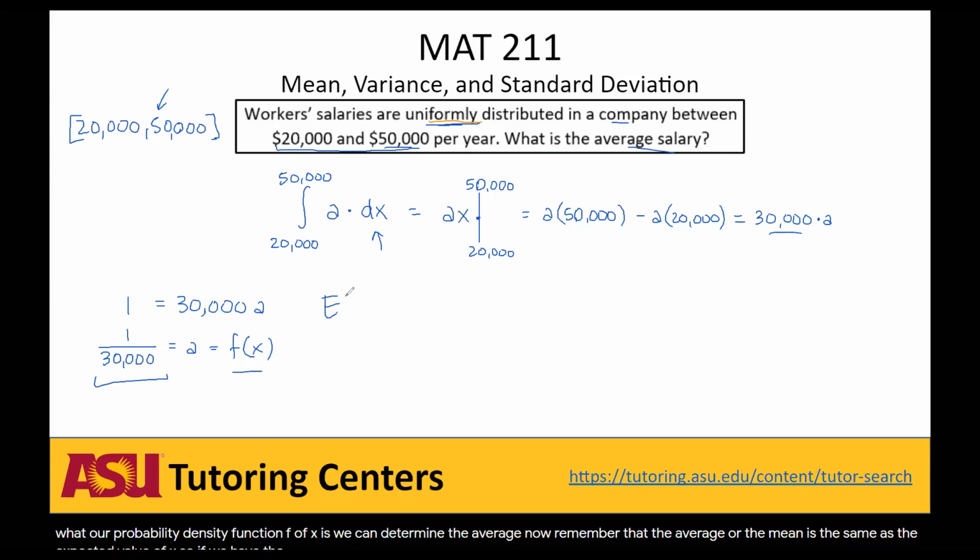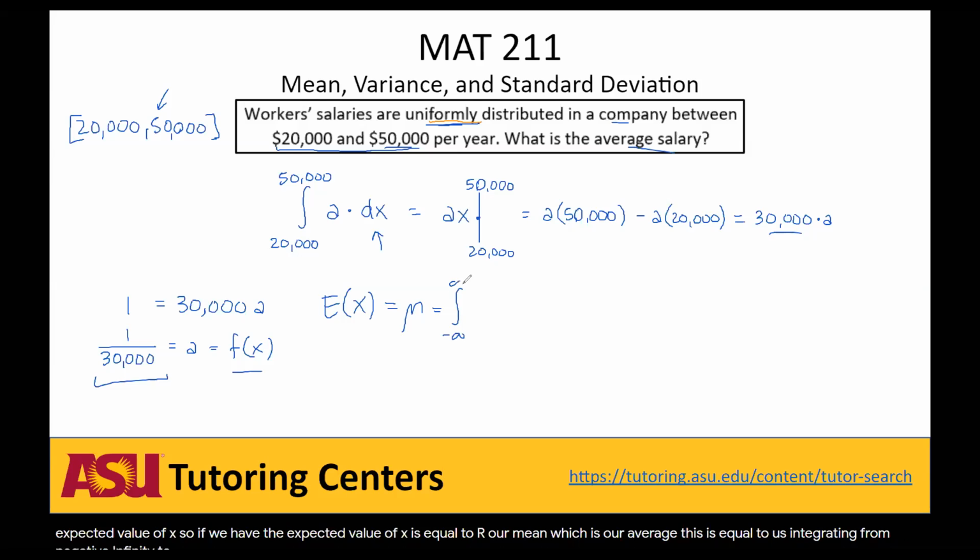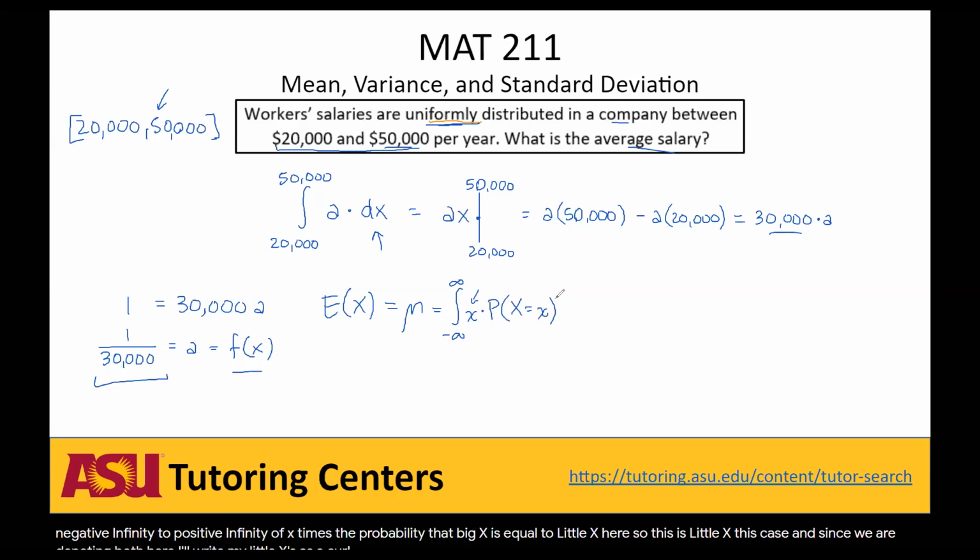So the expected value of x, which is equal to our mean, is equal to the integral from negative infinity to positive infinity of x times the probability that big X is equal to little x, dx.